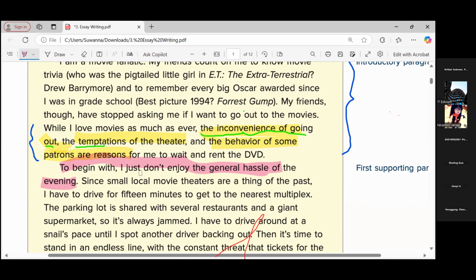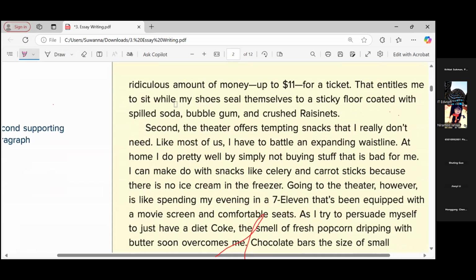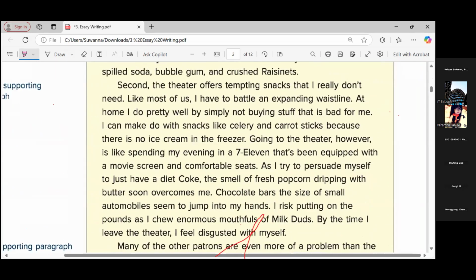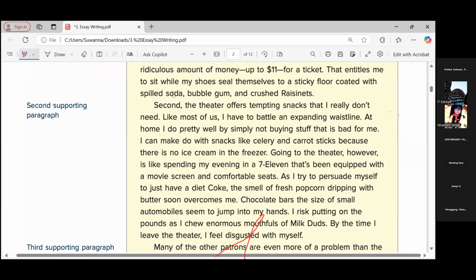The second point is the temptations of the theater. That is the second paragraph, okay? The second paragraph should discuss the second point. You see, "Second, the theater offers tempting snacks that I really don't need."